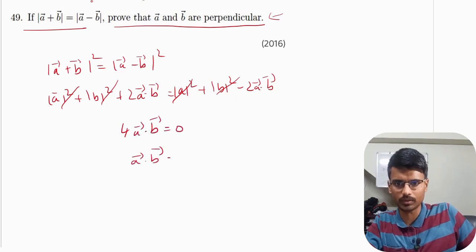A dot b is equal to 0. If the dot product is 0, that means they are perpendicular. So A is perpendicular to B because the dot product is 0.